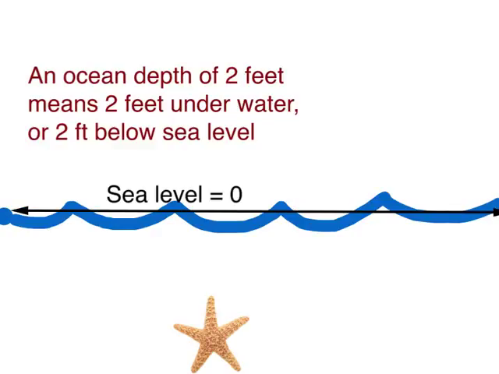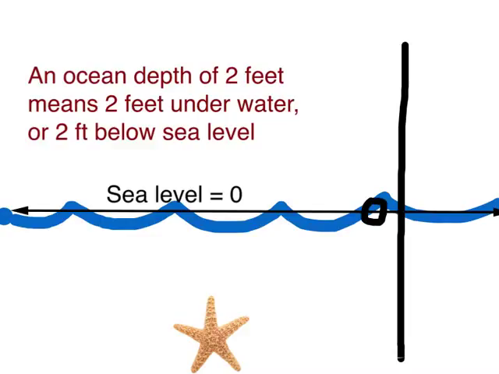Let's set up the rest of the number line. Remember, sea level is 0, so I'm going to go ahead and draw my 0 right here. My numbers going above the surface of the water are positive numbers. My numbers going below the surface of the water are negative numbers.